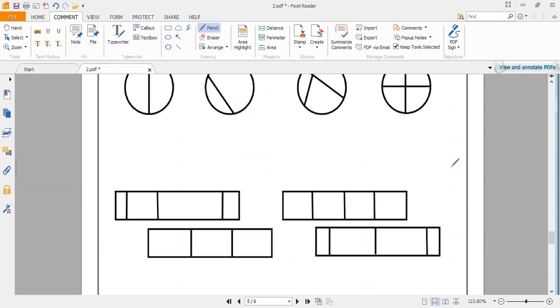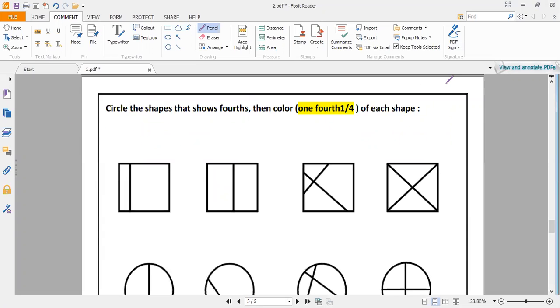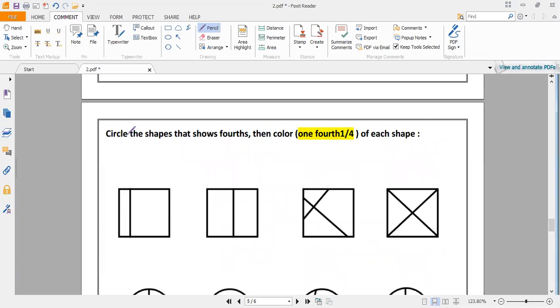Okay, let's see. Sidra. Yalla, Sidra. Yes, miss. Yes, honey, read the question. Circle the shapes that show fourths.